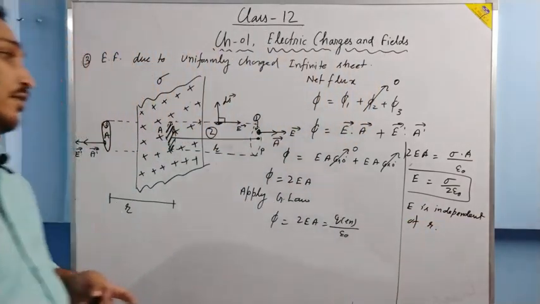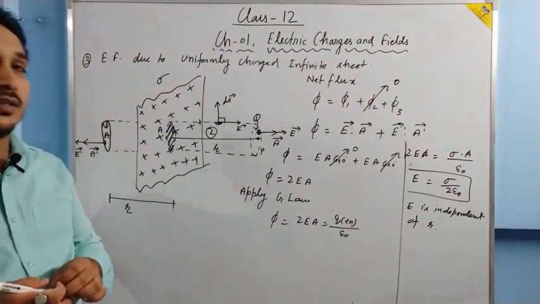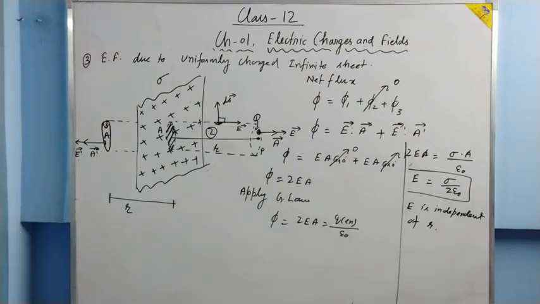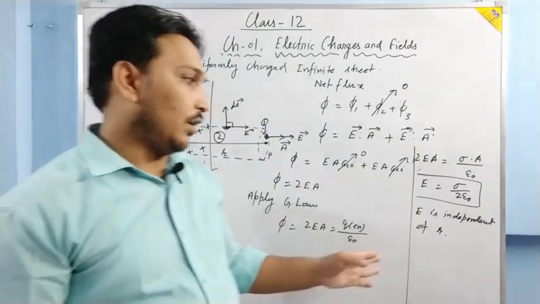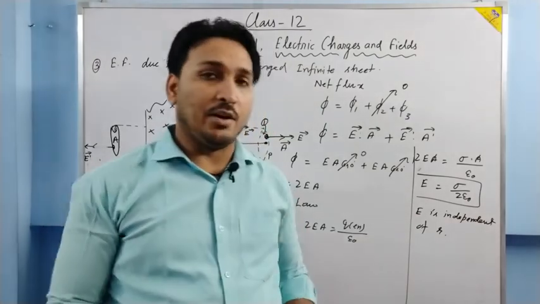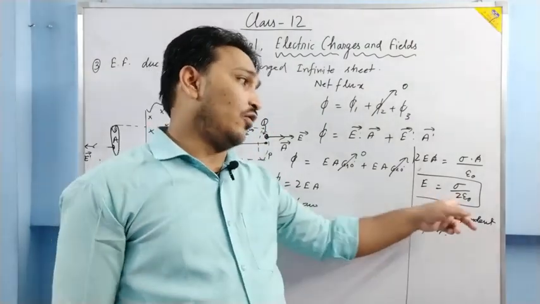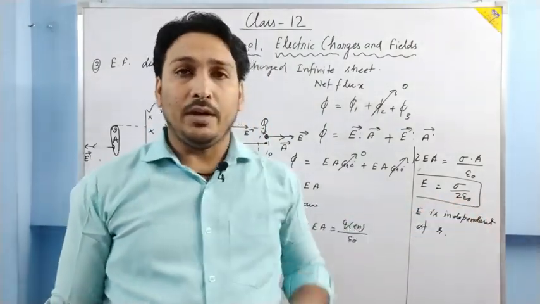R is the distance from the sheet. As the electric field is independent of R, because in the formula there is no R, right?